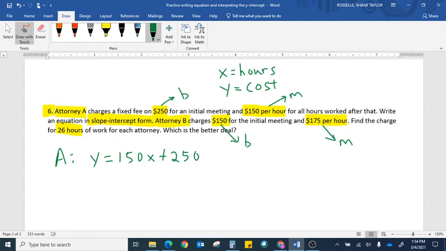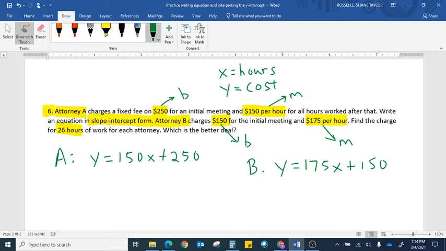Okay, and then over here, we're going to write down B. So B, the y is going to equal 175. So they're charging a little bit more, $175 for every hour, but the initial fee is $150.